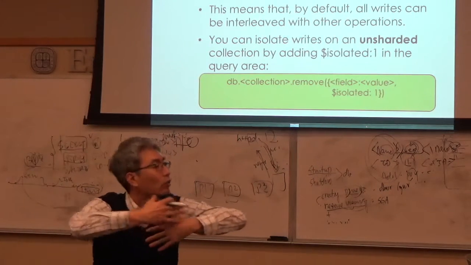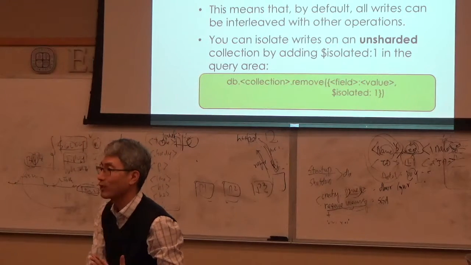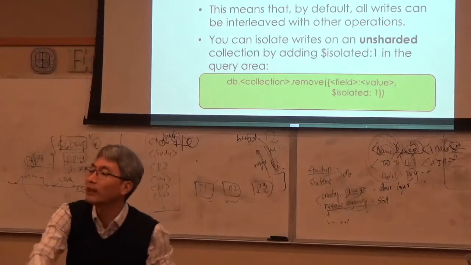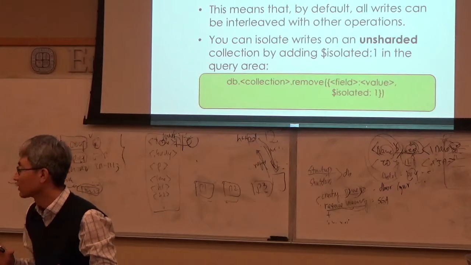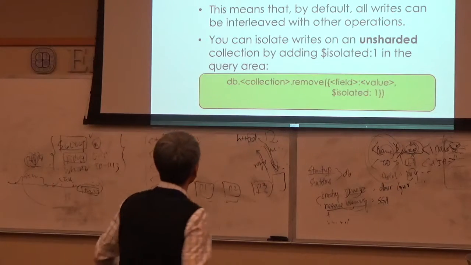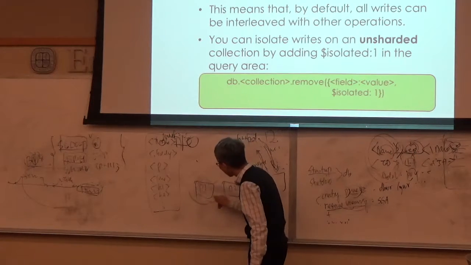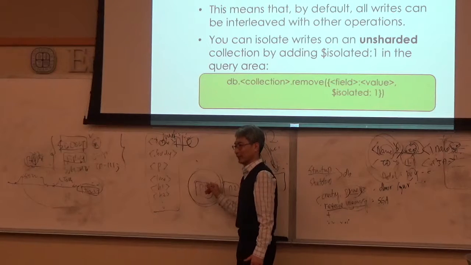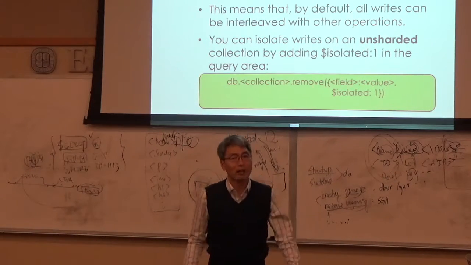Nobody can read. It will be locked. The lowest level of isolation is, even though I update the data, somebody can read or update the data, even if it's not committed. So there are different isolation levels. MongoDB supports such isolation levels. By default, it is only for each partition chunk. So that is the MongoDB isolation level.